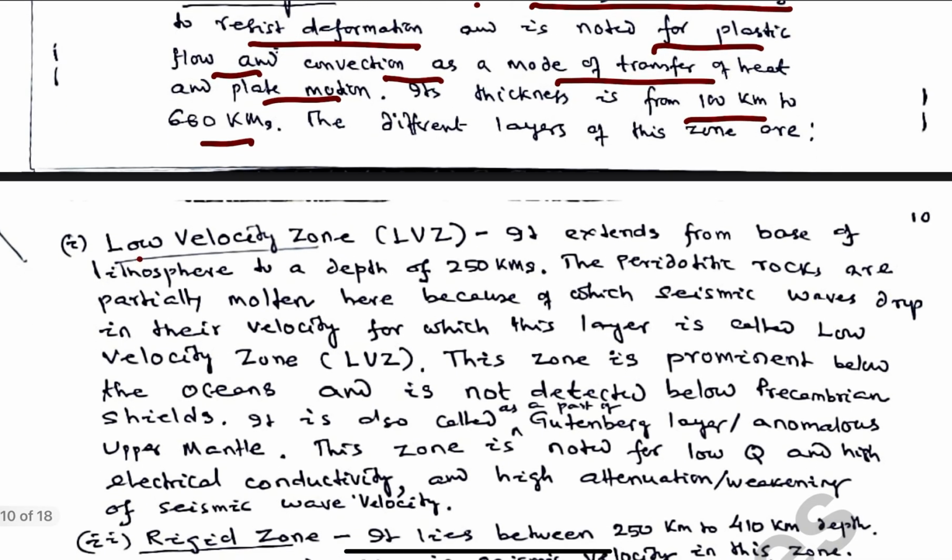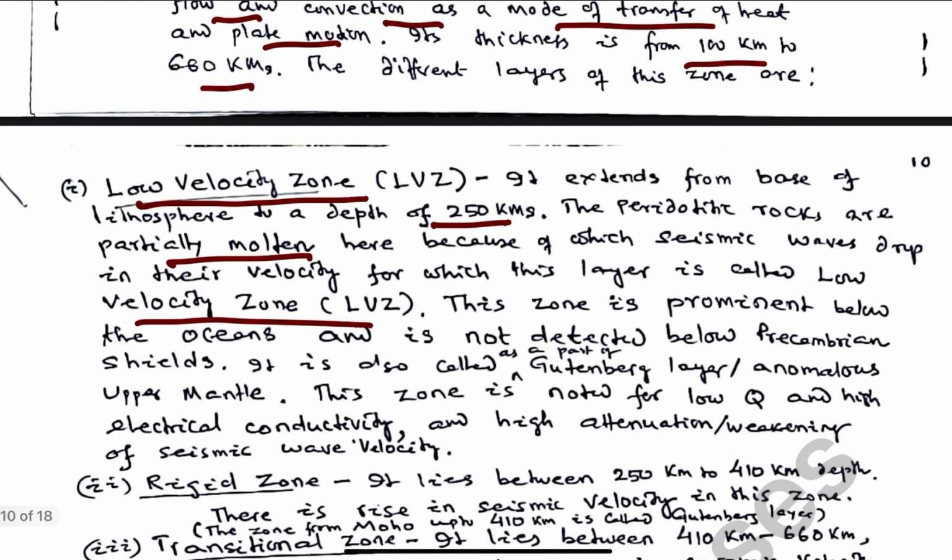The upper layer is the low velocity zone, LVZ, which is extending from 100 kilometers to 250 kilometers. Here the peridotitic rocks are in a partially molten state, because of which seismic wave velocity decreases, that's why it is known as the low velocity zone.